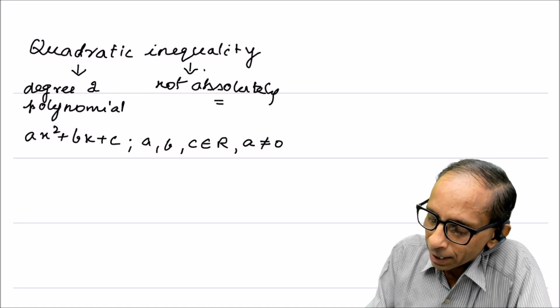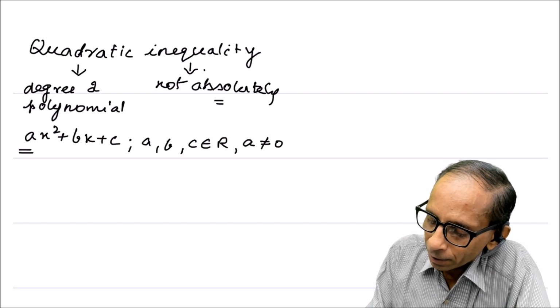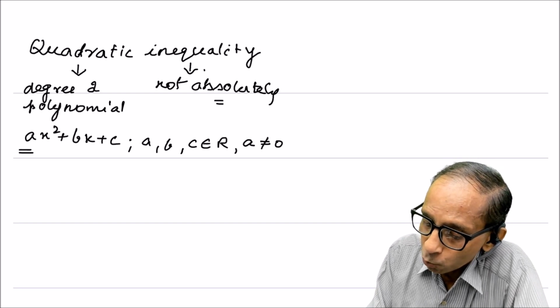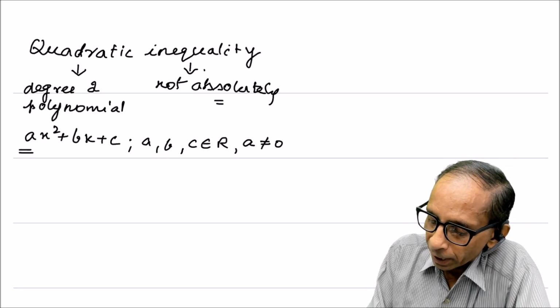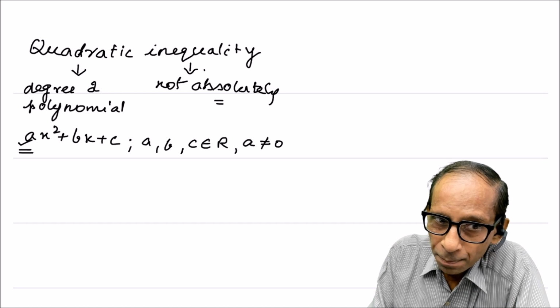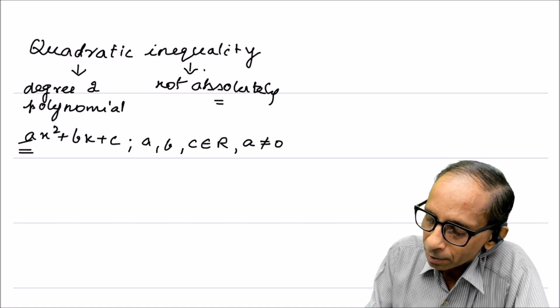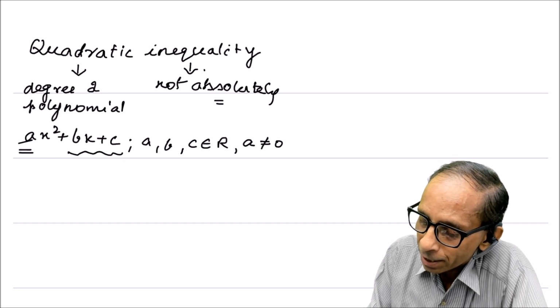Why we are saying that this a should not be equal to 0 is that the term which is having the highest degree of x, that is 2, should not become 0. If a was 0, then this particular term becomes 0, and we have just bx plus c, which will be called a linear expression.